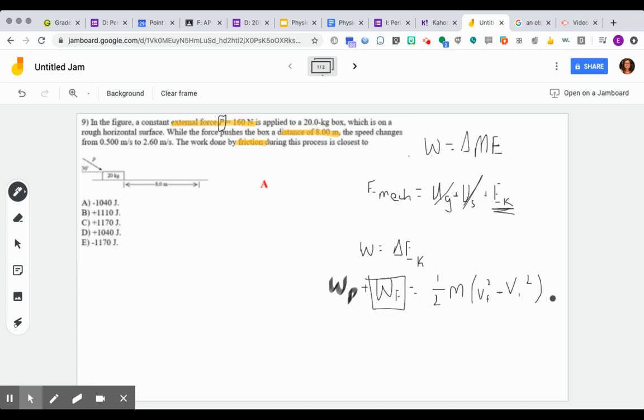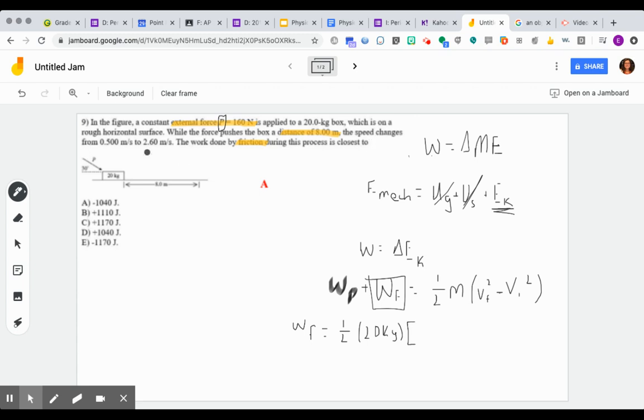So I'm going to subtract this to the other side and then plug in. So I know the work due to friction is going to be equal to 1/2 times the mass, which is 20 kilograms, times the change in velocity.